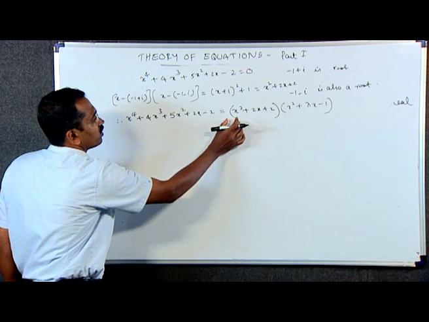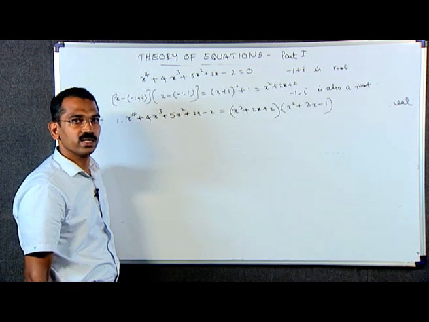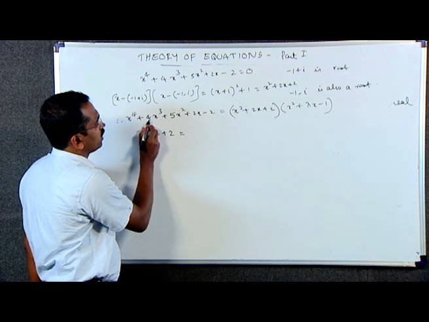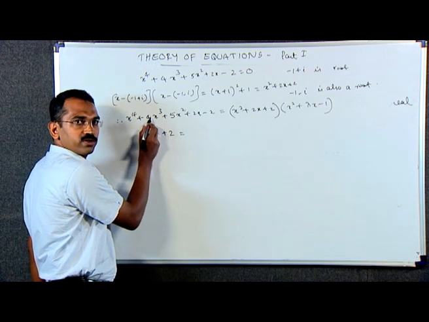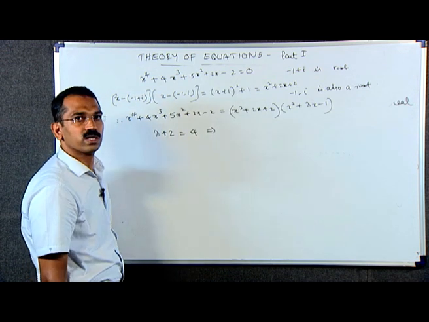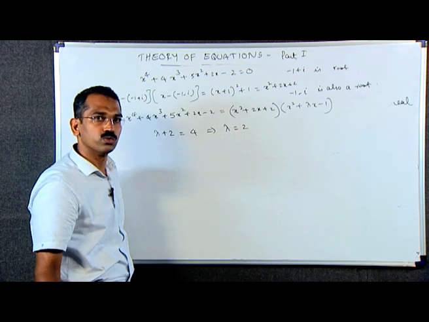Therefore, the coefficient of x³ on the right hand side is λ + 2, which is equal to the coefficient of x³ on the left hand side, which is 4. From this we can write λ = 4 − 2, that is λ = 2.